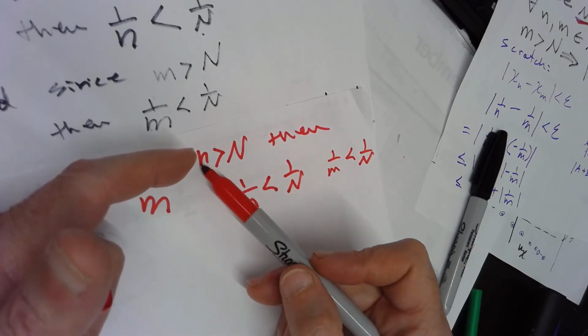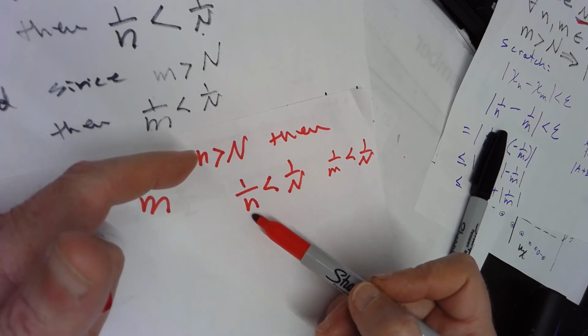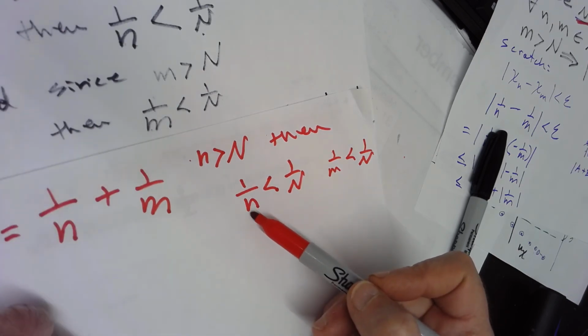So the larger the denominator, the smaller the fraction.